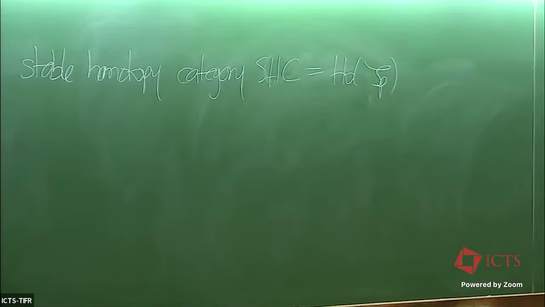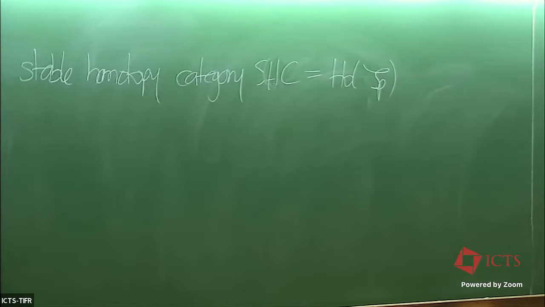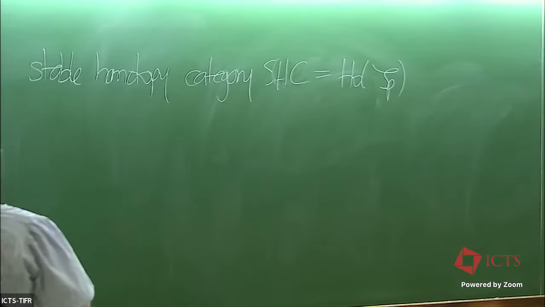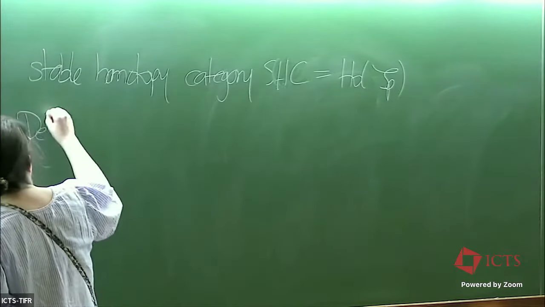But of course, if you have categories with special structure, you also need morphisms that respect that structure. And those morphisms are the so-called Quillen adjunctions.